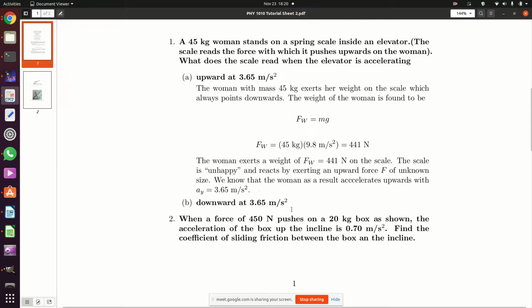So that's what's happening. She exerts this force on the scale. The scale is unhappy. It pushes upwards. As a result of this pushing upwards by the scale, she accelerates upwards like that.